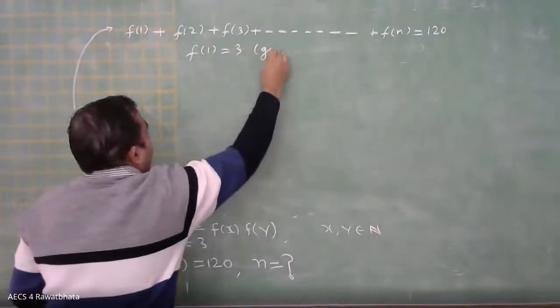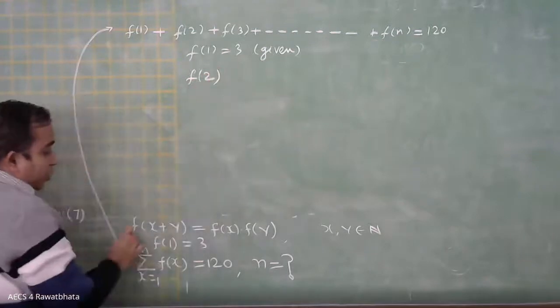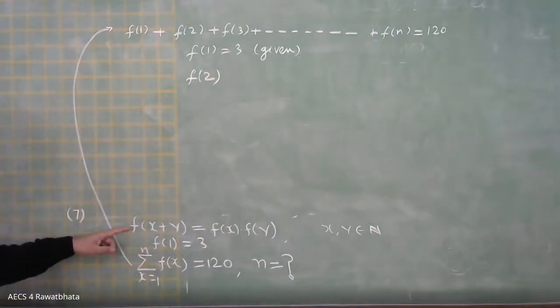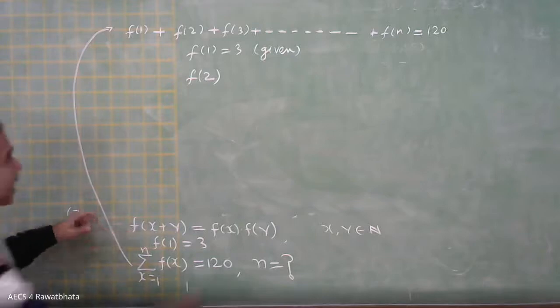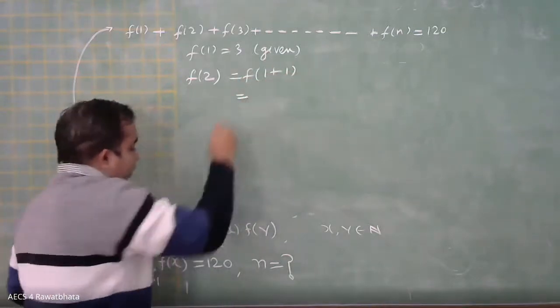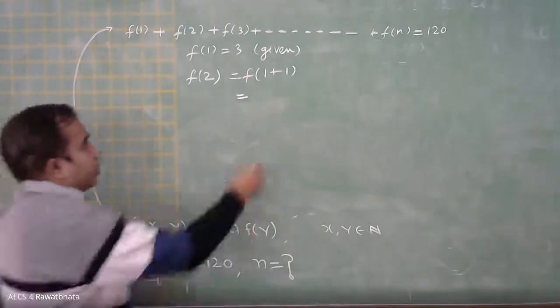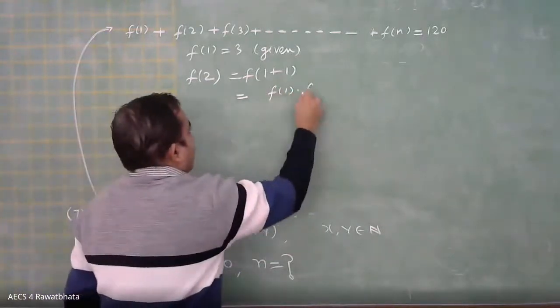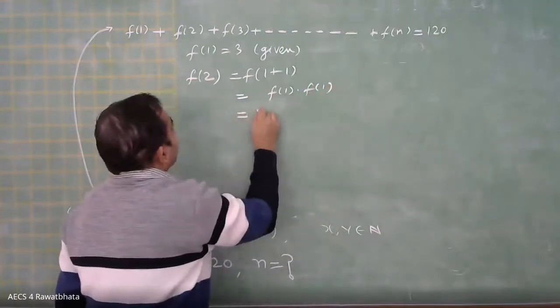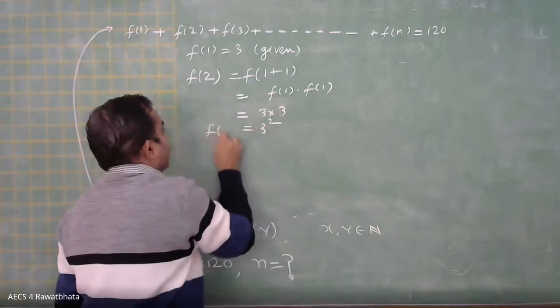And f(2), how to calculate f(2)? You can calculate f(2) with the help of this relation, which we have not used yet. f(2) can be written as f(1 plus 1), and then as per the given condition, f(1 plus 1) will be equal to f(1) into f(1). This will become 3 into 3, 3 square. f(2) is equal to 3 square.